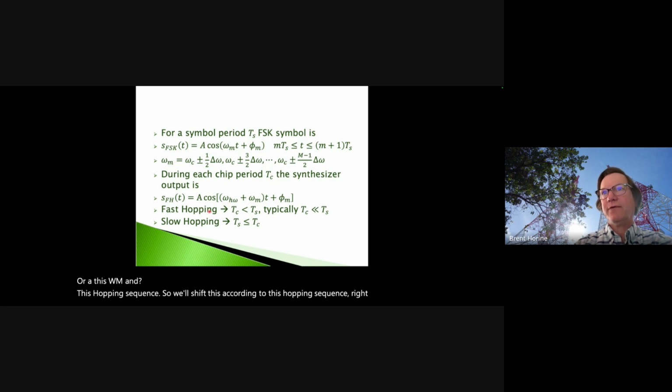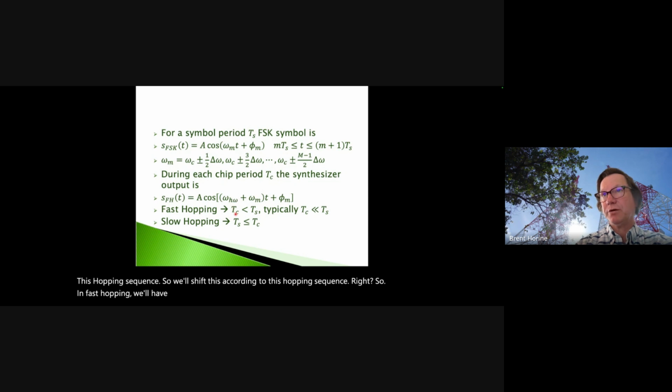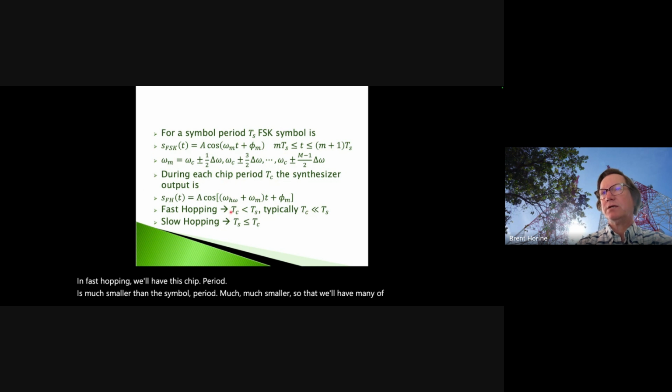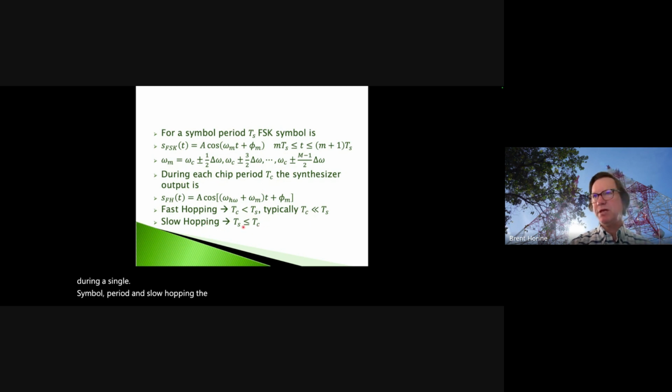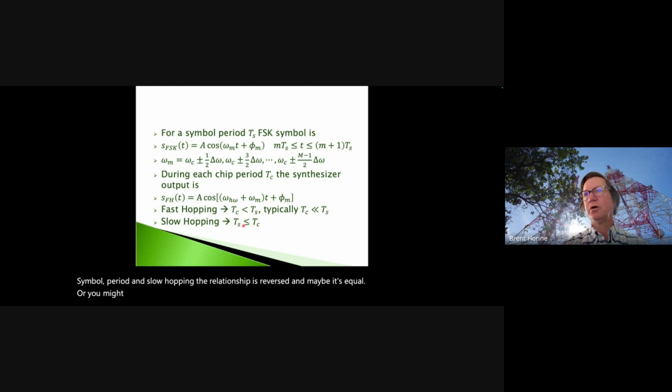So in fast hopping, this chip period is much smaller than the symbol period, much smaller, so that we'll have many of these chips during a single symbol period. And in slow hopping, the relationship is reversed, and maybe it's equal, or you might send 1 symbol per chip time, that would still be considered slow hopping, or you might send a few symbols per chip time.